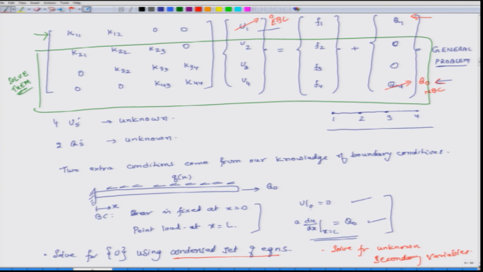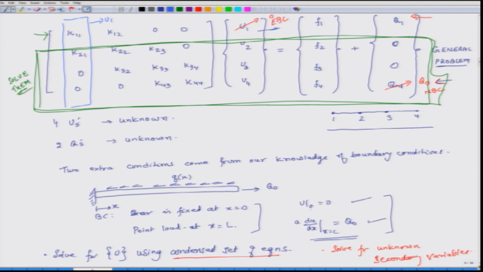But I should have additionally mentioned that for those equations captured in this green box, we have eliminated one row from the whole system of equations, and we should also eliminate one column, so that our reduced K matrix is still of a square type. In this case we will eliminate the first column, because the first column is associated with u1, which is the boundary condition which we know.